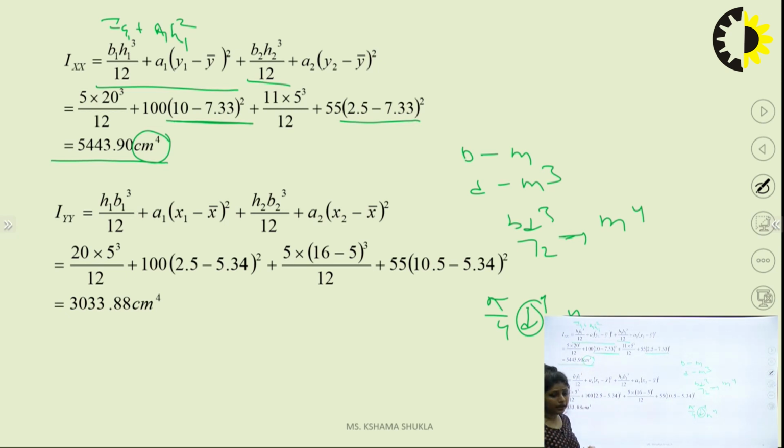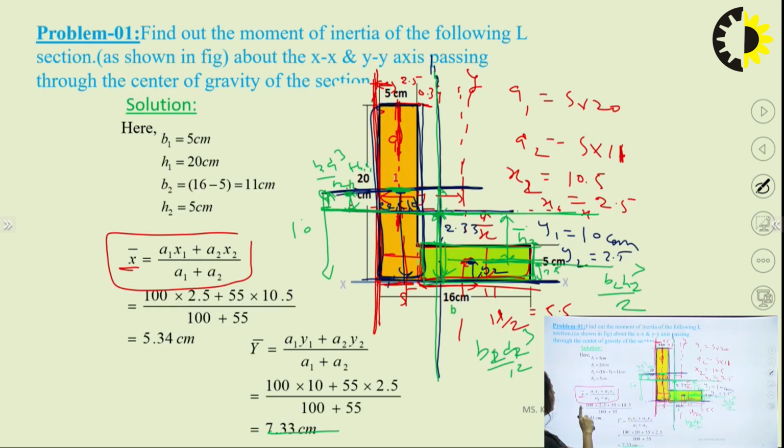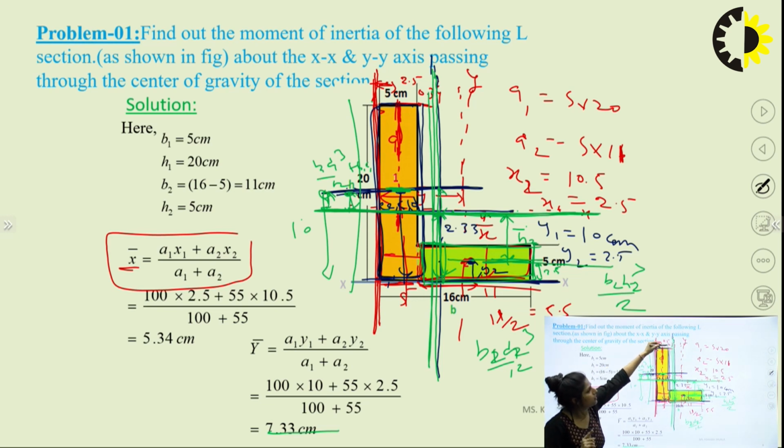Now IYY. Previously we found the moment of inertia about this axis. Now I need to find the moment of inertia about this axis. So what do we need to do? We just need to see this section from here. If I see this section from here, I can understand that this is our B and this is our D now.